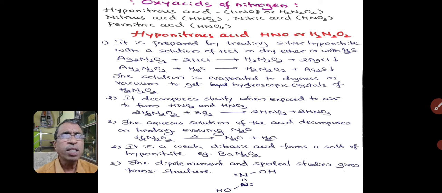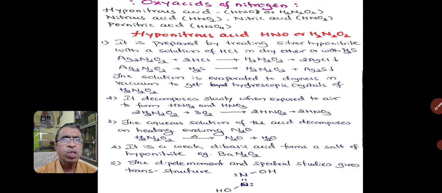Similarly, with H2S, it forms silver sulfide precipitate. The solution is evaporated to dryness in vacuum to get hygroscopic crystals of hyponitrous acid.